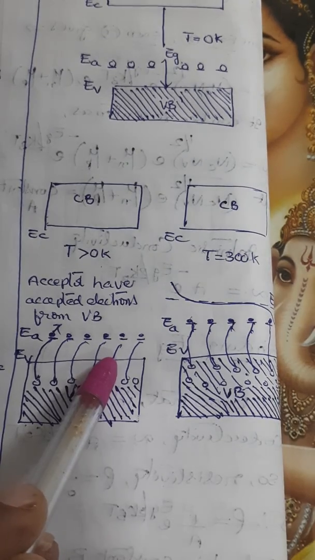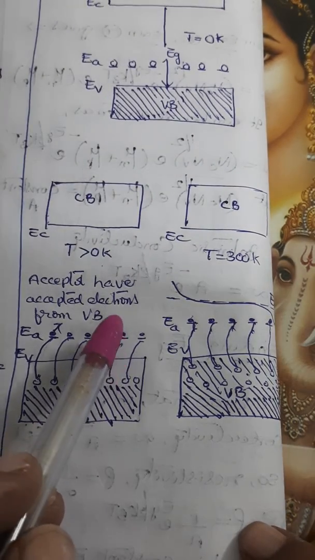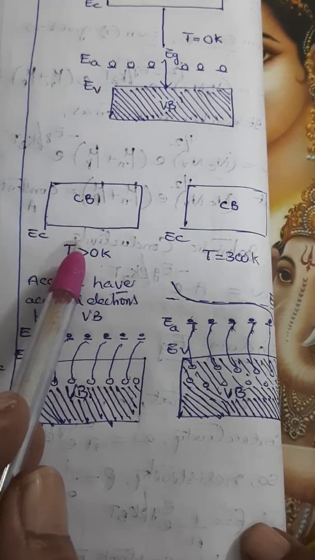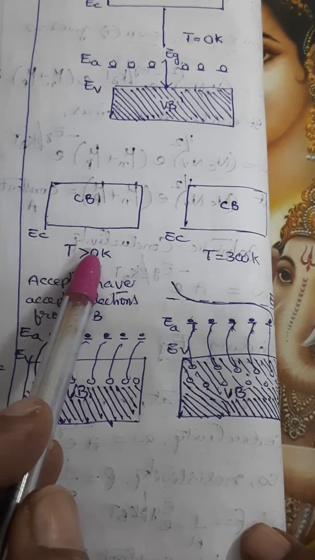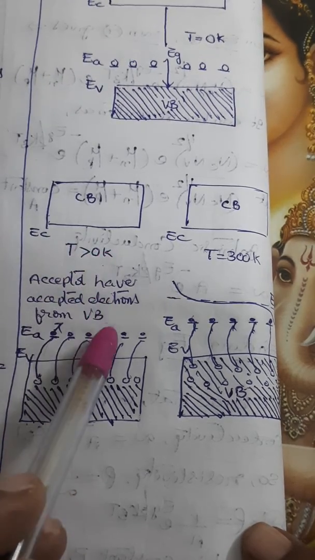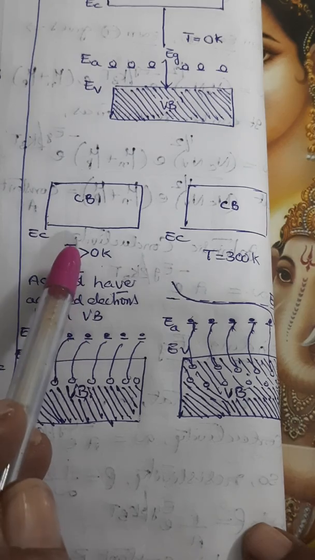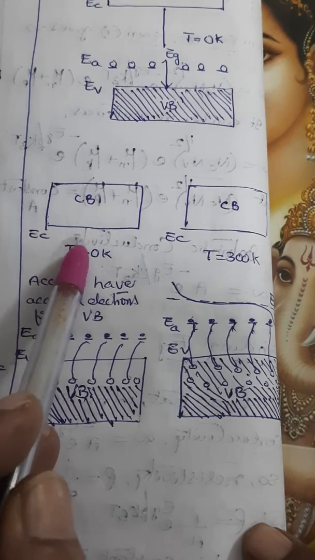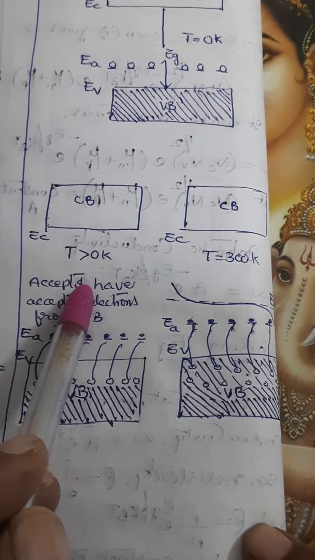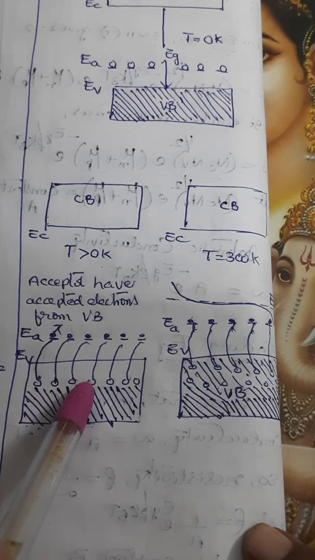Again I am recapping. When the temperature is raised just above 0 K, the electrons from the valence band try to occupy the acceptor and it gets ionized, creating holes in the valence band.